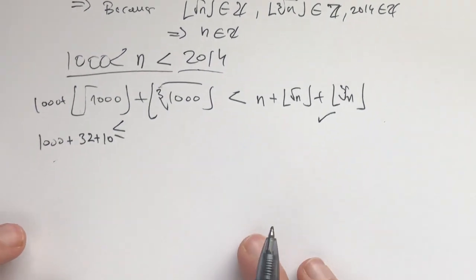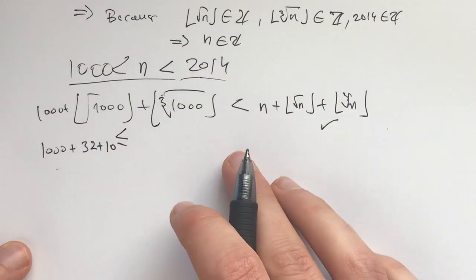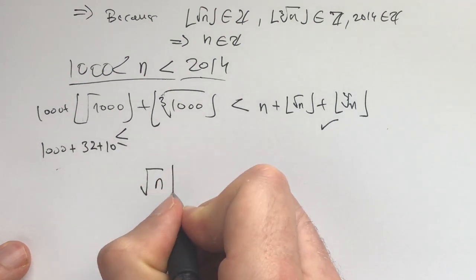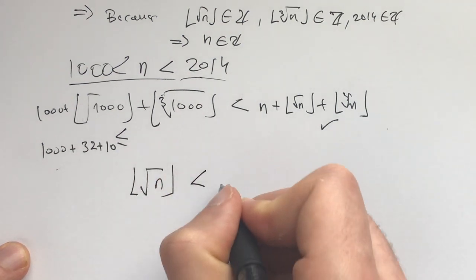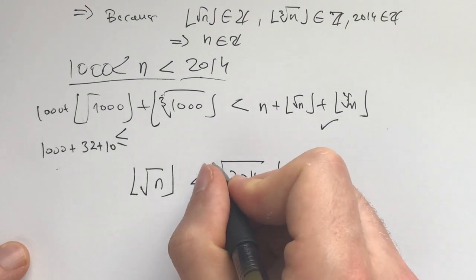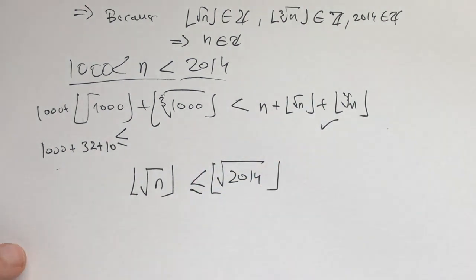And now let's work with this. So we know n is less than 2014. What does that tell us about the floor of the square root of n? Well, it's less than or equal to the floor of the square root of 2014, because they could be the same.